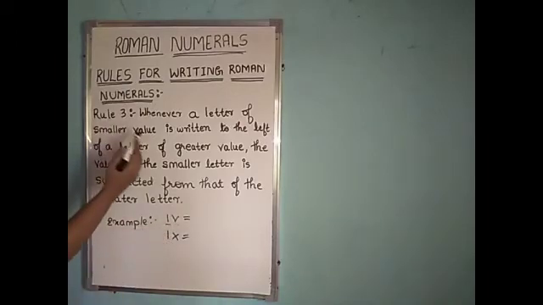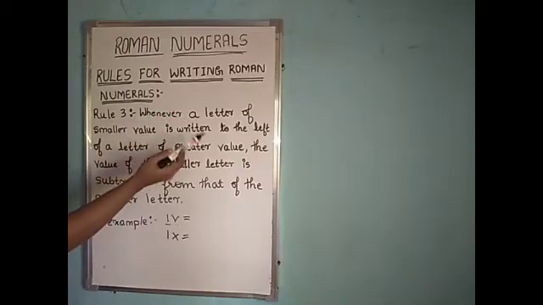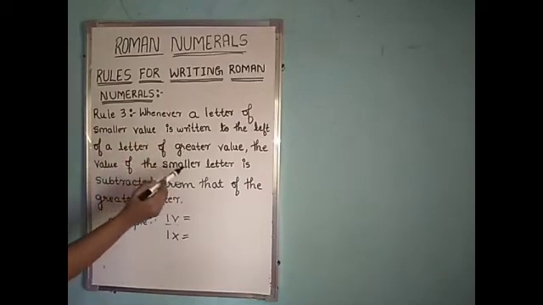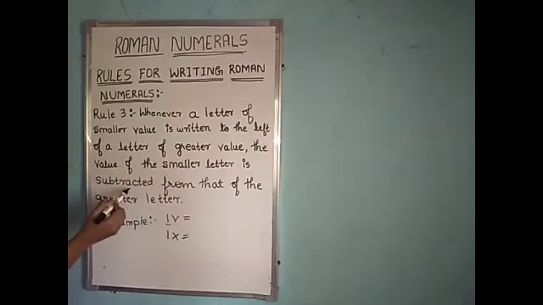So, what is the rule? Whenever a letter of smaller value is written to the left side of a letter of greater value, the value of the smaller letter is subtracted from that of the greater letter. So, what we have to do? We have to subtract the value of the smaller letter from the greater letter.